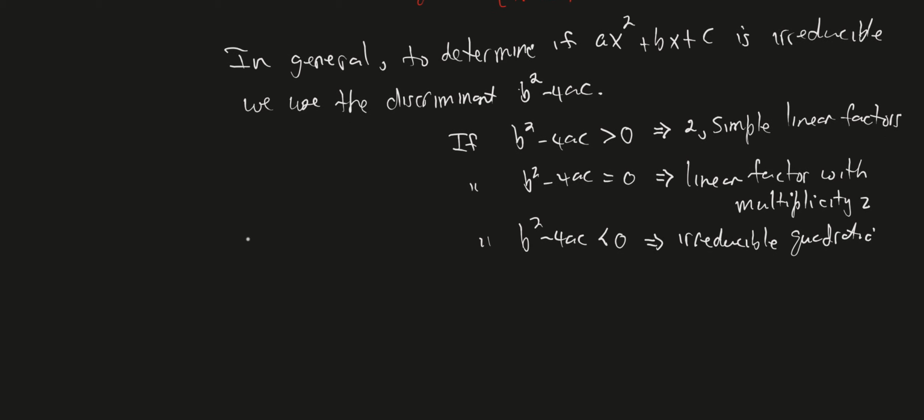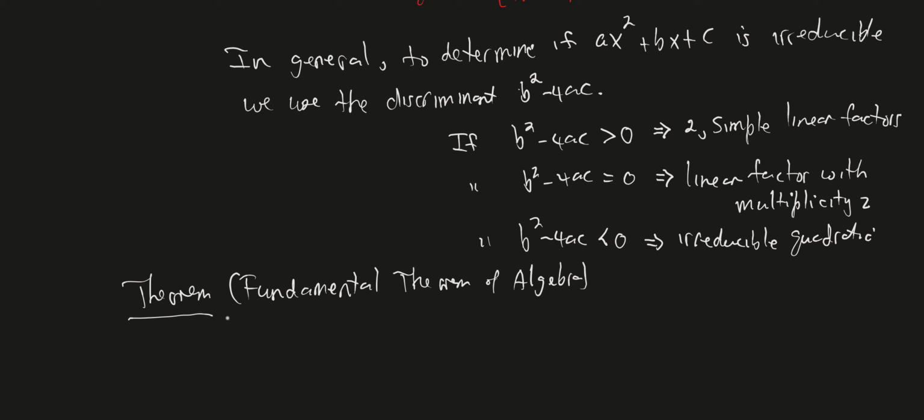It's actually a theorem, and I will state the theorem now. It's sometimes referred to as the fundamental theorem of algebra. Our famous mathematician Gauss proved a version of this.